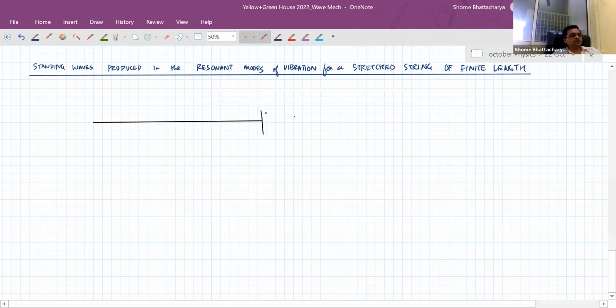So the first case of this we will see is a finite length string with both boundaries, okay, a stretched string with both boundaries fixed.